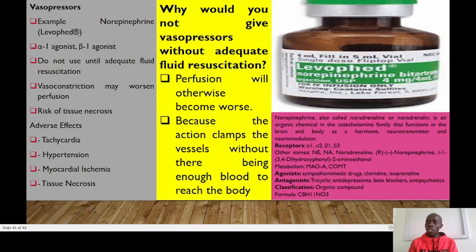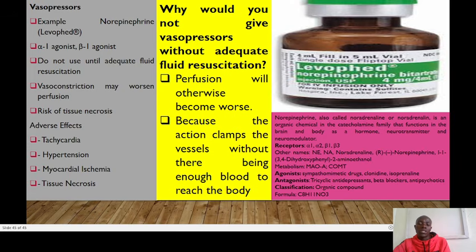Okay, so all in all, you have to use the vasopressors like the epinephrine, which have alpha-1 agonist and beta-1 agonist effects, and do not use until there is adequate fluid resuscitation. The reason why you should not give vasopressors without adequate fluid resuscitation is perfusion will otherwise become worse.